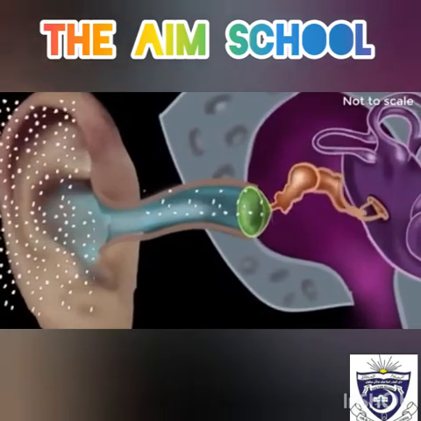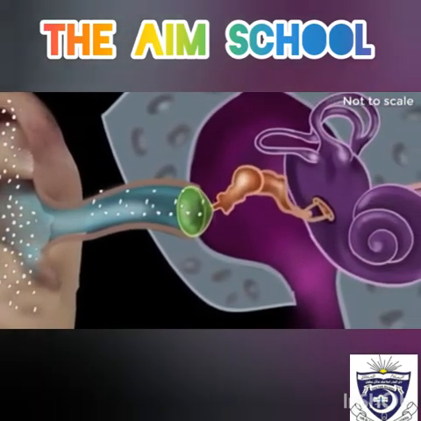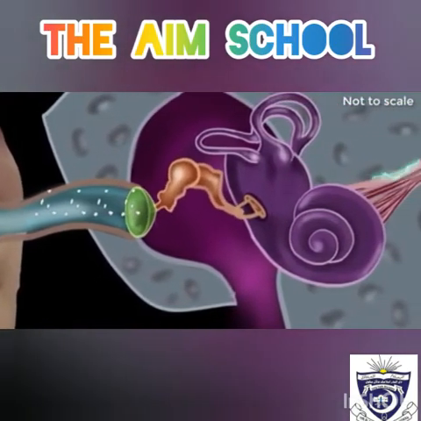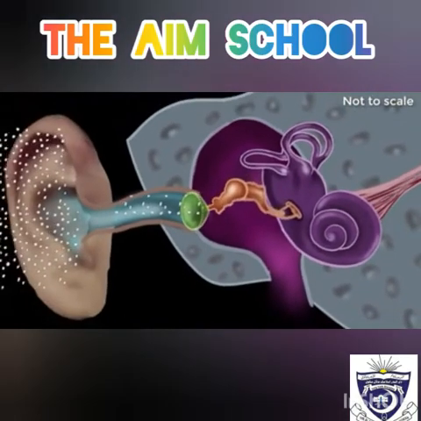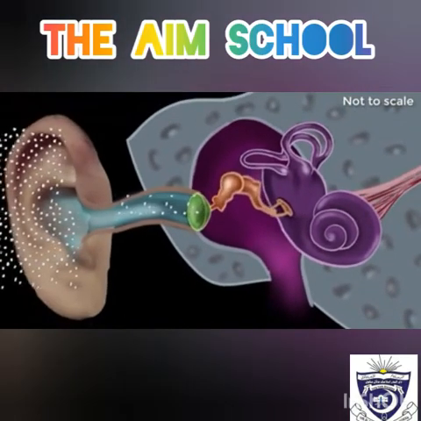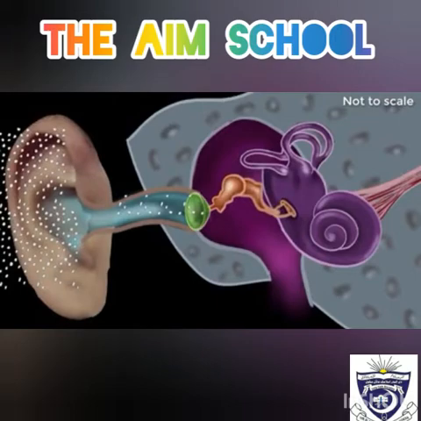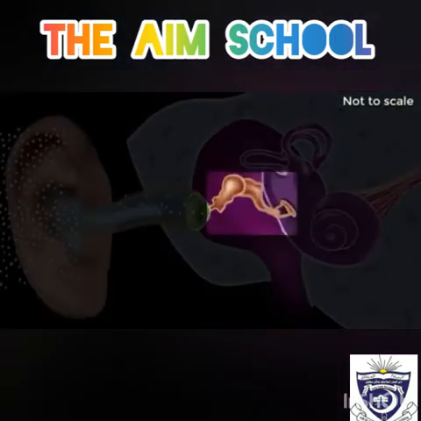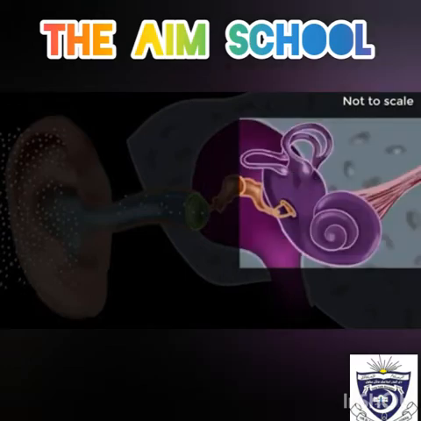So let's look at how the different parts of the ear work together to make us experience sound. So our ear can be divided into three parts: the outer ear, the middle ear, and the inner ear.